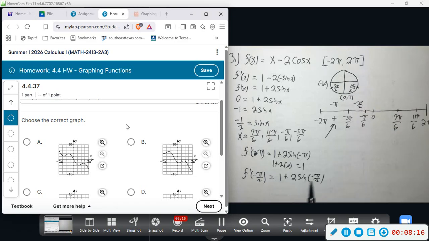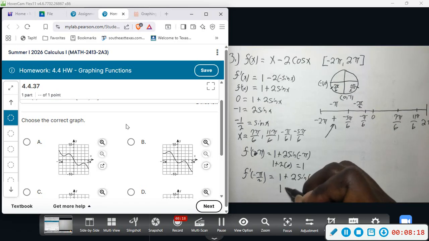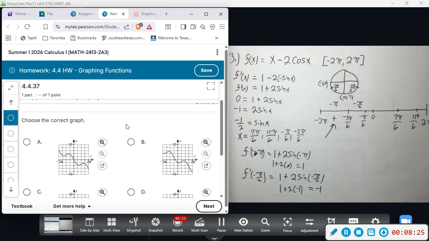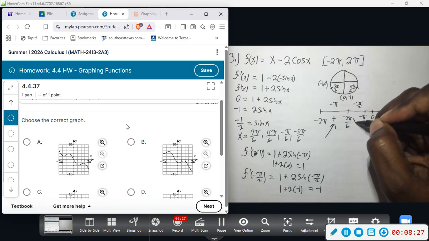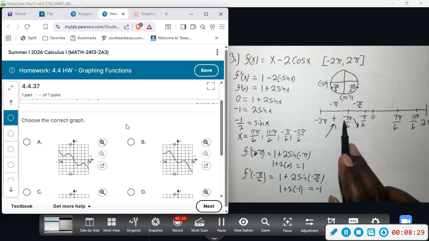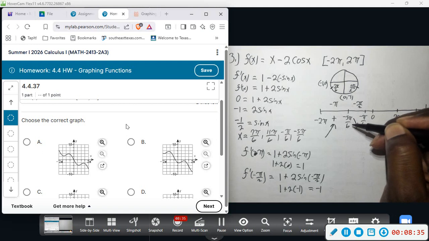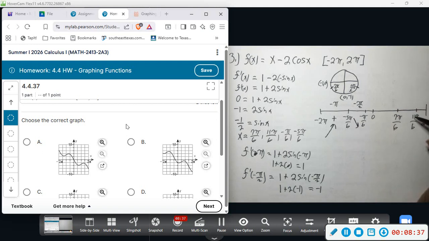So this sine would become negative 1. So I have a 1 plus 2 times negative 1. And that's a negative 2 plus 1, which gives me a negative 1. So we get a negative here, so it's going down between negative pi over 6 and 5 pi over 6. So we're getting that this is a local maximum.